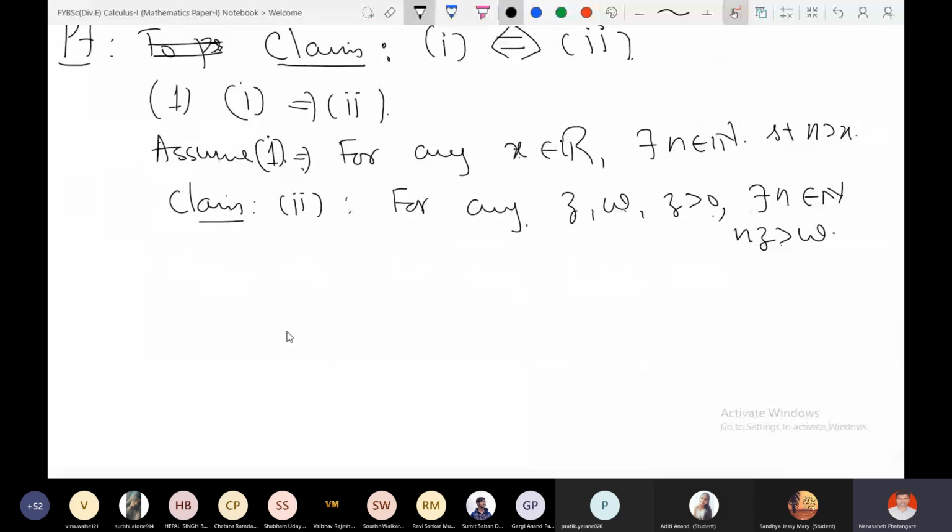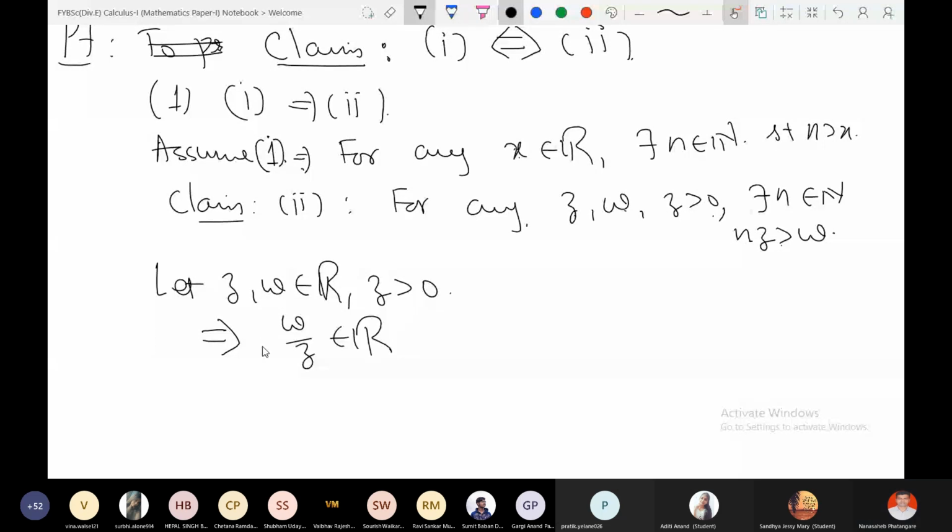Right. So let z and w belong to R and z is greater than 0. So what do we want? We want to produce n. Then can I say that w by z is a real number? Yes. And therefore, by our assumption, given any real number, there is a natural number.